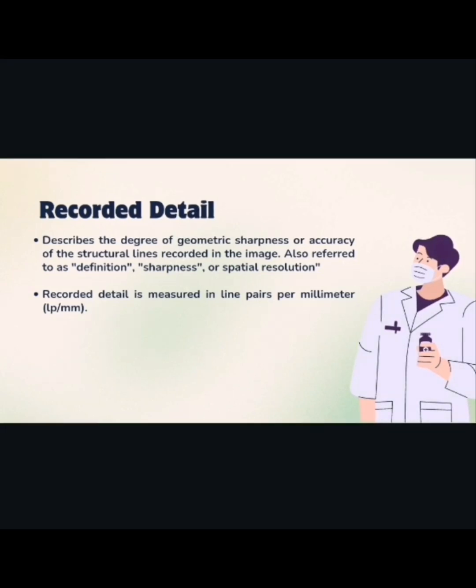Recorded detail is described as the degree of geometric sharpness or accuracy of the structural lines recorded in the image, also referred to as definition, sharpness, or spatial resolution. The ability of a radiographic image to demonstrate sharp lines will determine the quality of recorded detail.